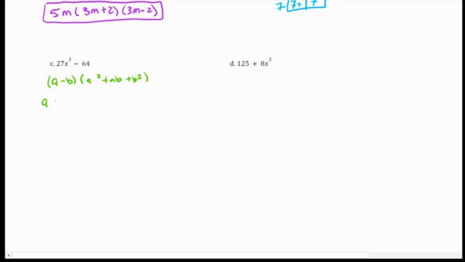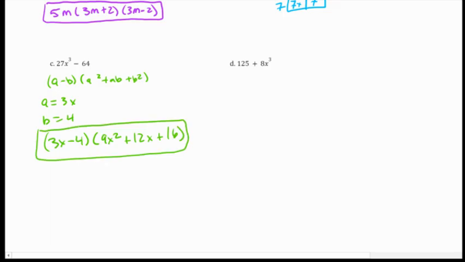And in this situation, a is 3x because 3x times 3x times 3x is 27x cubed, and b is just going to be 4 because 4 times 4 times 4 is 64. And so now I just plug those in, right? 3x minus 4, and then 3x squared is 9x squared, plus a times b, which would be 12x, plus b squared, which would be 16. And whenever you do a difference of cubes or a sum of cubes, you can't ever factor any more than that.